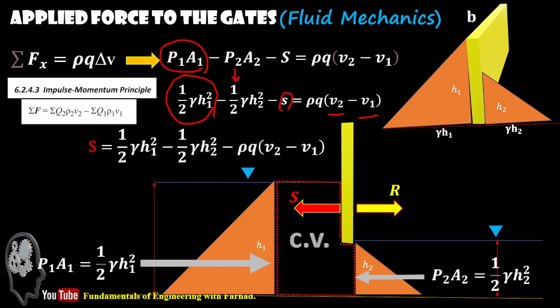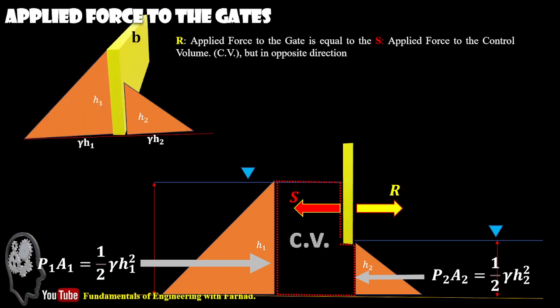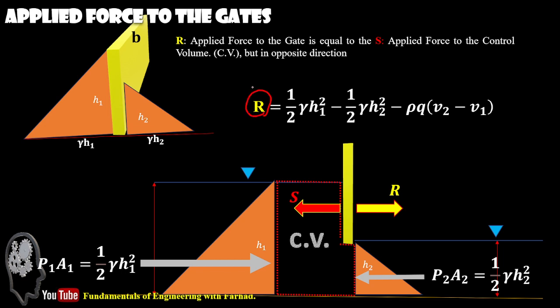So you can rearrange this equation based off S, which is the force to the control volume, which is exactly equal to the reaction or force applied to the gate from the control volume. So if you just replace S by R, it just gives you, well, this is the force for the unit width of your gate.